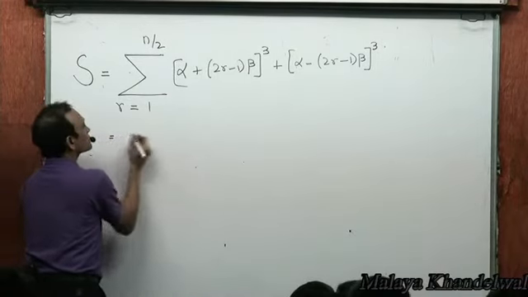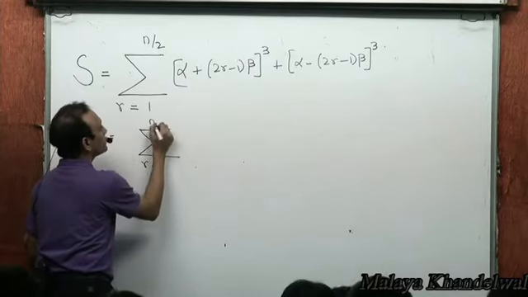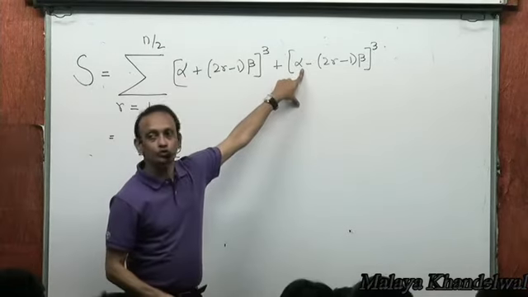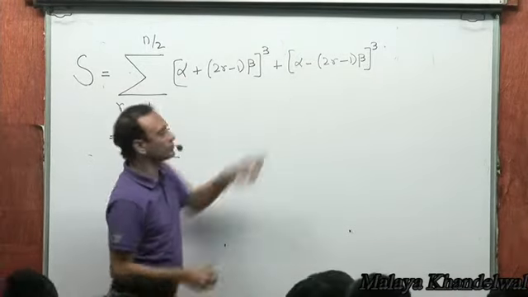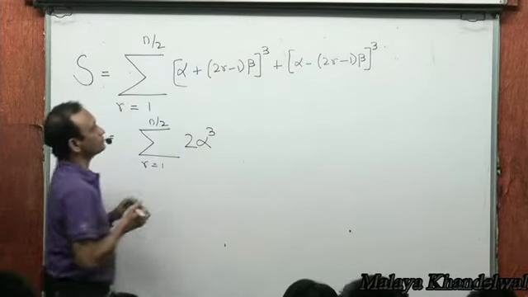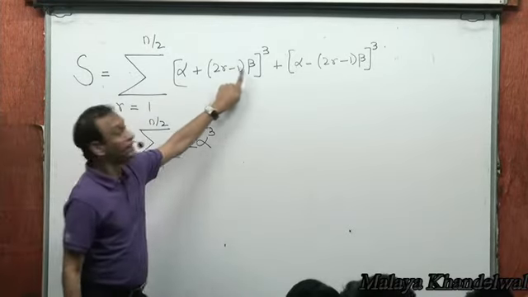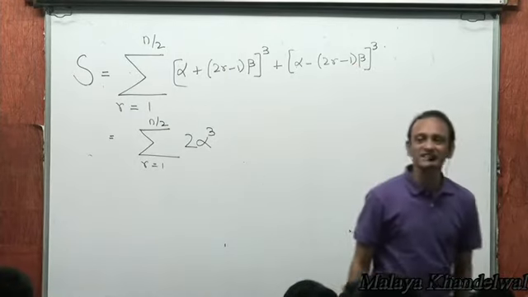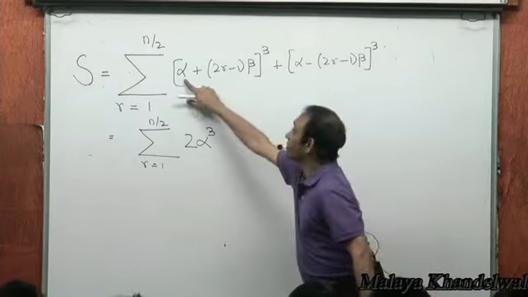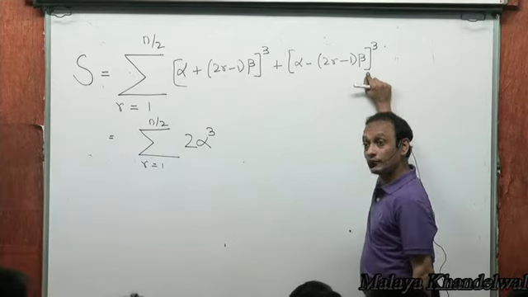Now, this is summation, r equal to 1 to n by 2. See, if I cube this, alpha cubed plus alpha cubed, 2 alpha cubed. The 3a squared b and minus 3a squared b will get cancelled here. Yes or no? Right?